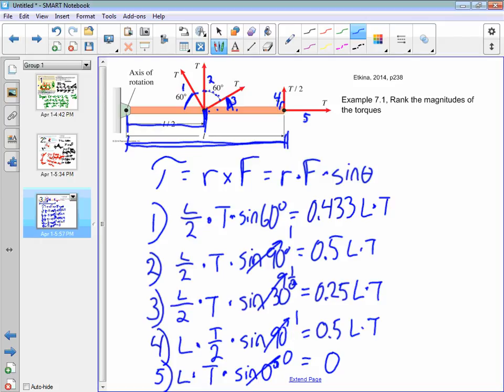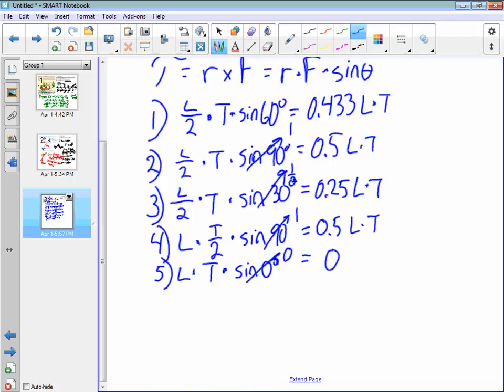Okay, so if we were to rank these from the biggest to the smallest, well, let's see. These two guys are the same size, and they're the biggest. So let me rank these. I'll switch up the colors.